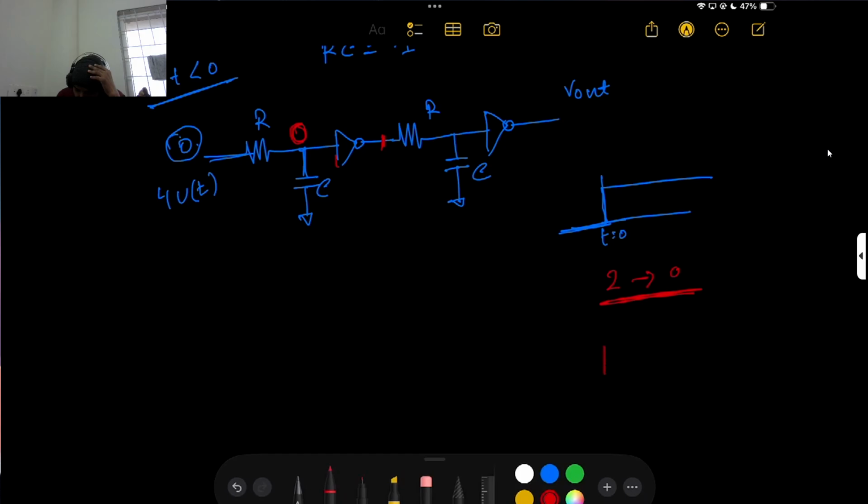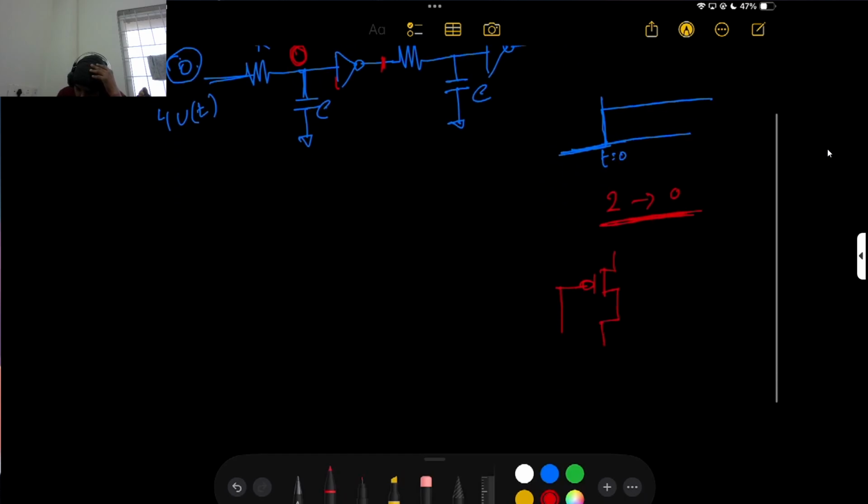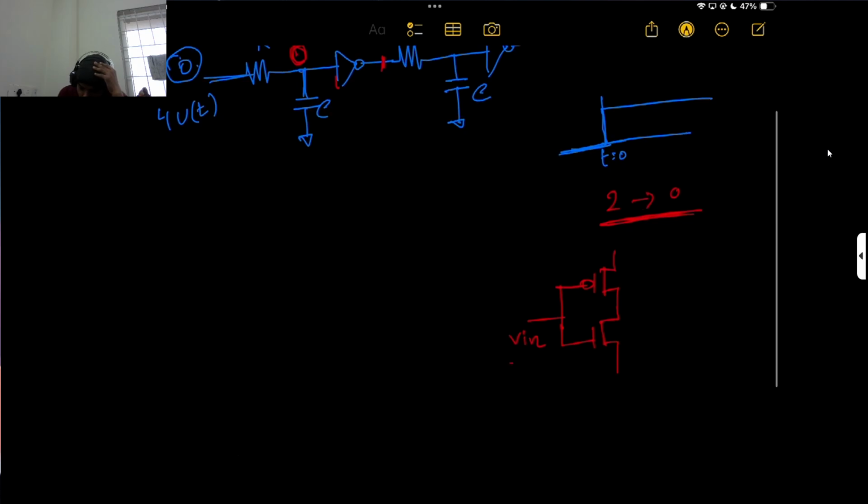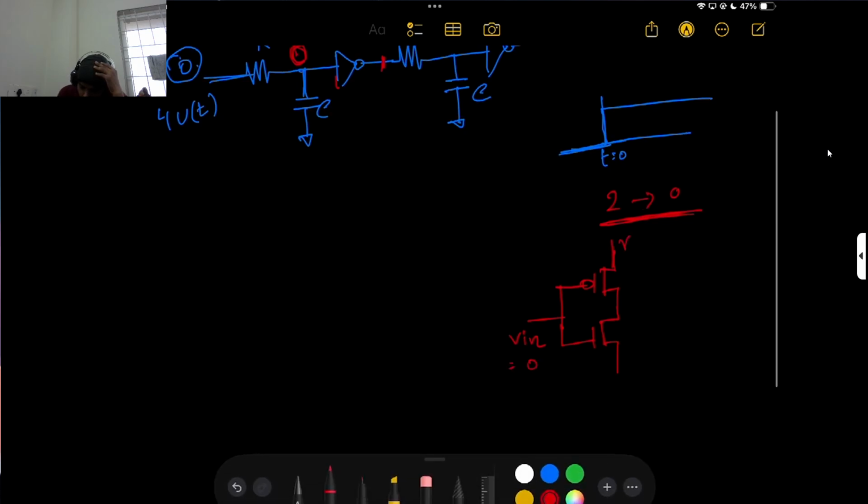So basically here is the MOSFET. Here is your V in, this 0 volt, and here your VDD supply. VDD equals 2 volt, and you take the output from here. So basically this is the circuit.